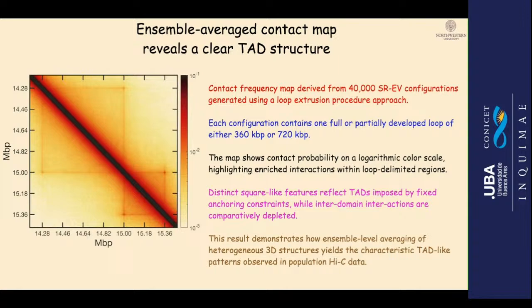It underscores the key point: TADs are statistical constructs, not physical compartments present in every cell, but patterns that emerge through biased folding across many configurations.